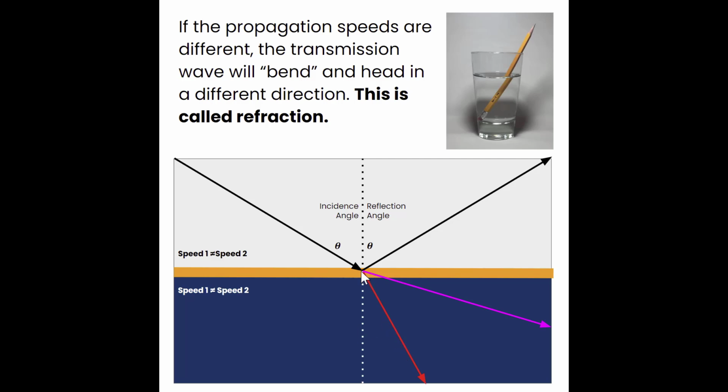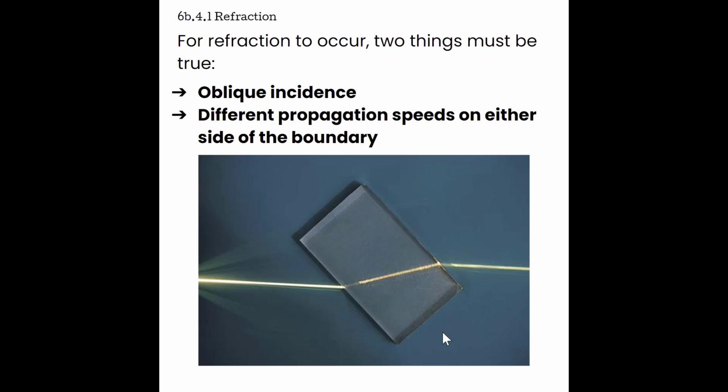But as long as it takes a different path that is not the same as the path that it originated in, that is called refraction. So our last topic of this unit is refraction. We're going to talk about how it occurs and what we need to know to apply to ultrasound physics.